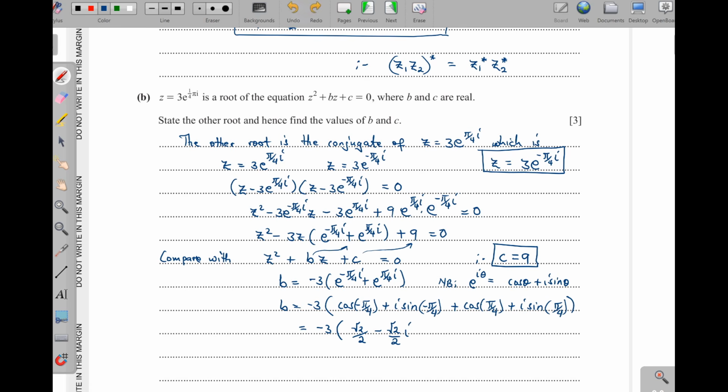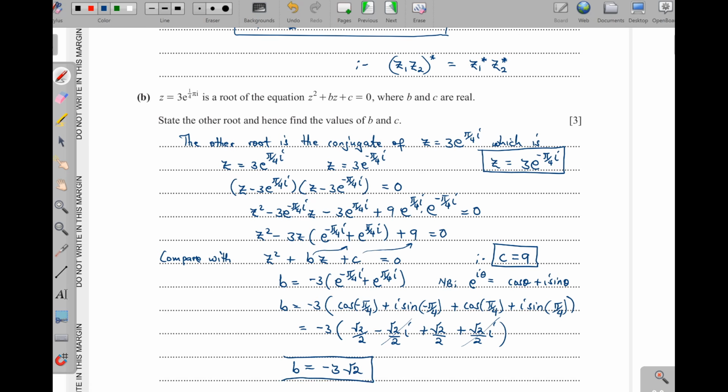And cos of this one is, of course, root 2 over 2. And then this one is positive. So we have root 2 over 2 of i. Now, do you see that the imaginary part here is cancelling? And then from there, a half plus a half, you get a whole. Not so? So this means that b is going to be equal to negative 3 root of 2.